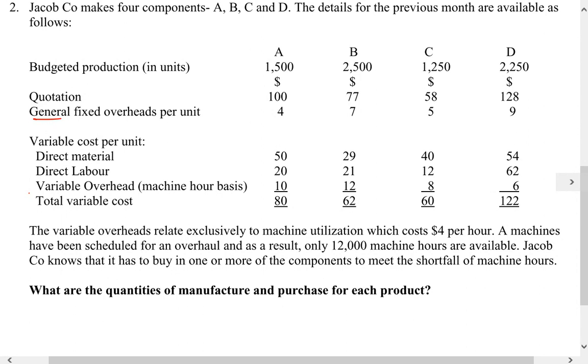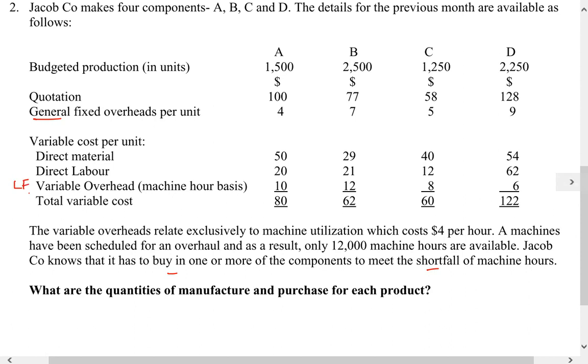You need this many components, but because of the maintenance, you may not be able to produce all yourself. Then you may have to buy in one or more components to meet the shortfall of the machine. So they in fact tell us the machine hour is our limiting factor.